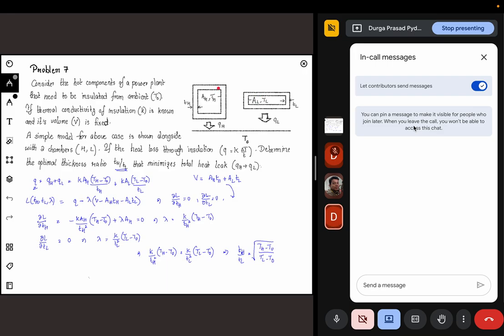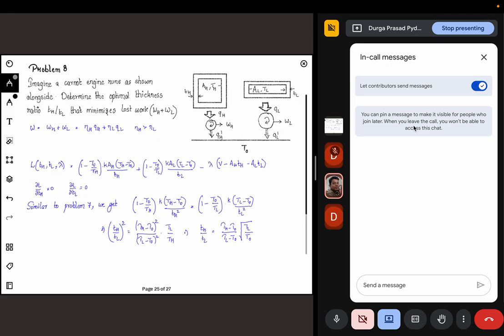In order to reduce the heat losses more, I have to give a thicker insulation here compared to this one, which means the TH by TL calculated in this particular way will be lesser compared to the different way. Because in the second way, when I give more weightage to this, I'll have a thicker insulation here, so the numerator will increase. Is that clear?